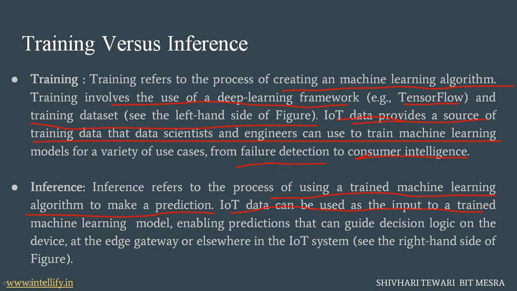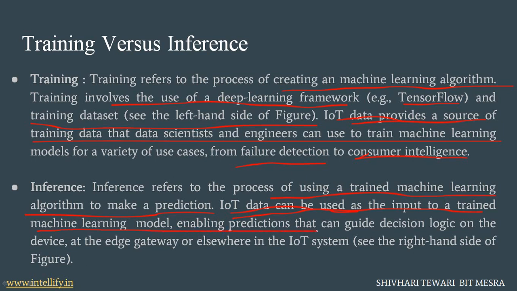There is a big difference between an input data set and a training data set. A training data set is used to train our machine learning model and for further testing. With an input data set, we give input to predict something, to estimate something. So in inference, we are giving an input data set from IoT to a trained machine learning model.